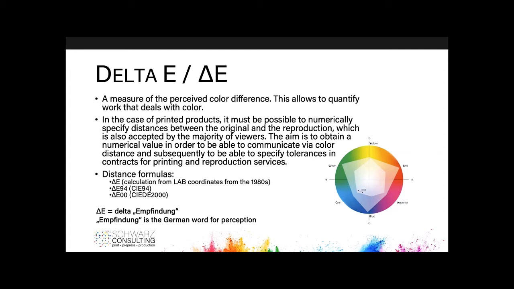For some colors, the human eye is much more sensitive than for others. For example, in yellow it's hard for the eye to see differences, and in red or green even small differences are visible. That means a linear mathematical formula will not work. So with every update, they tweaked the formula so that it fits the human eye better and better. All these formulas are not wrong. They're all still valid, but the delta E 2000 is the most accurate.